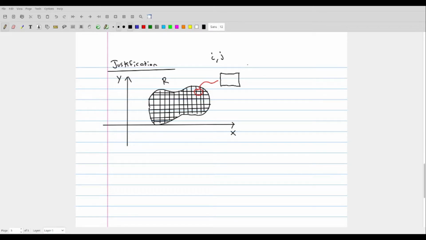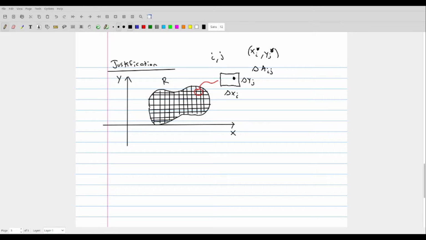This piece has area delta Aij, and we have to have a sample point here as well that we're sampling at. That corresponds to xi star, yj star. We have a sample point like that in every single one of these rectangles. So the width here is delta xi and the height is delta yj.